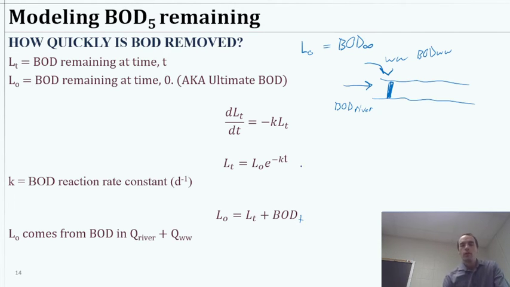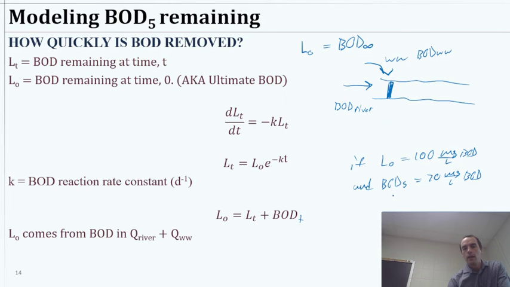So if L naught equals 100 and a BOD5 measurement was 70, L at 5, the amount remaining after 5 days, is 30. Okay.